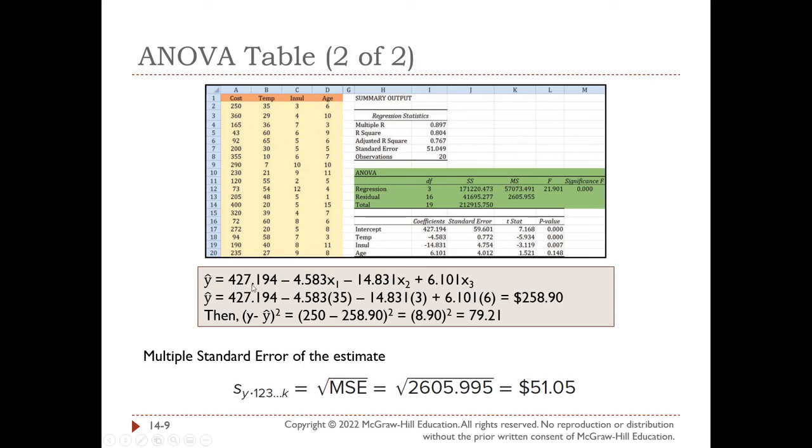Okay. So yes, they do have the formulas here showing this, and now we have 35 degrees temperature, 3 inches of insulation, and 6 years.